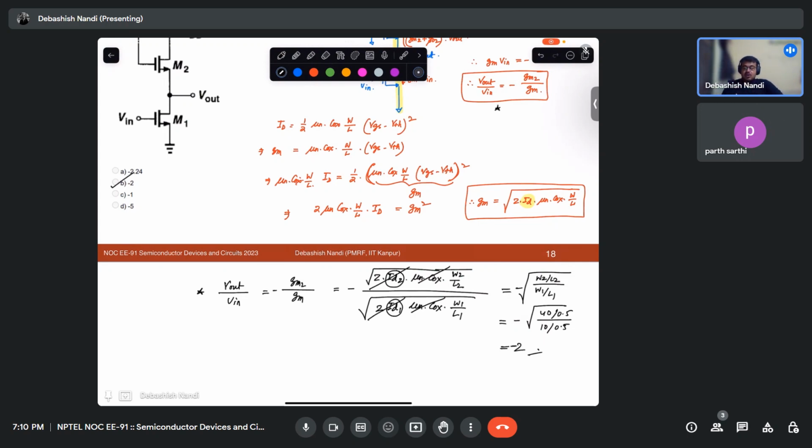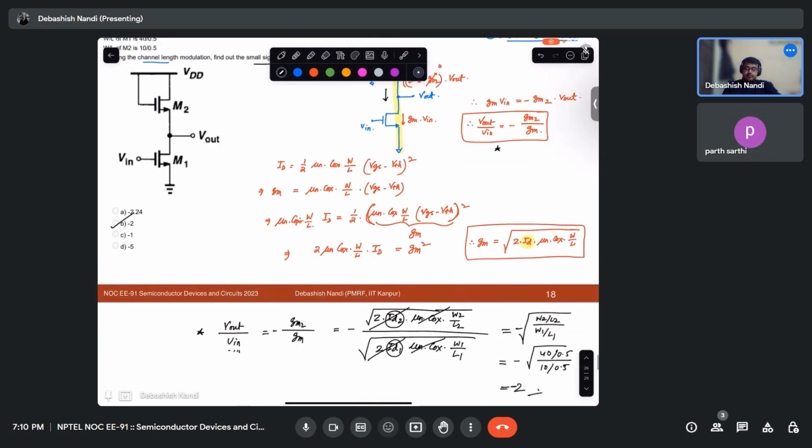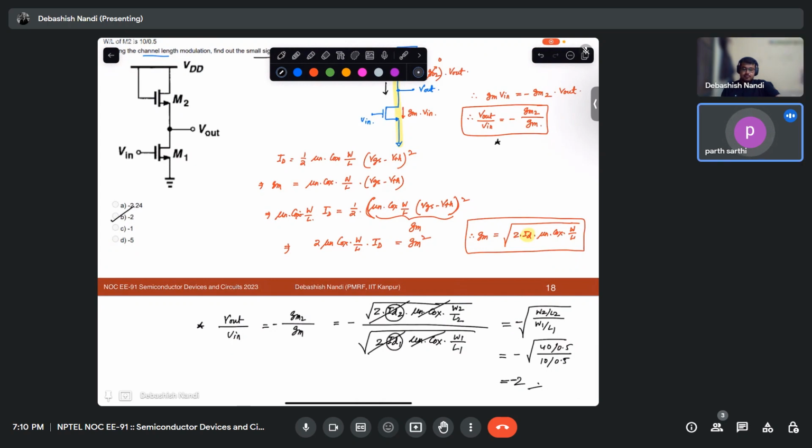So GM equal to mu n Cox W by L times VGS minus VTH, this equation. Why can we not use this equation?